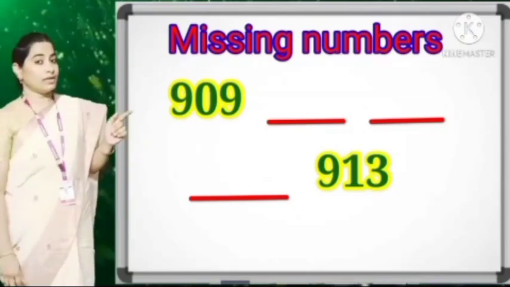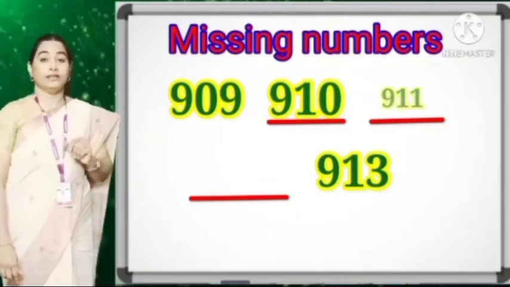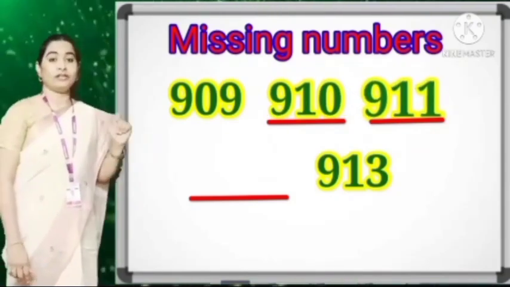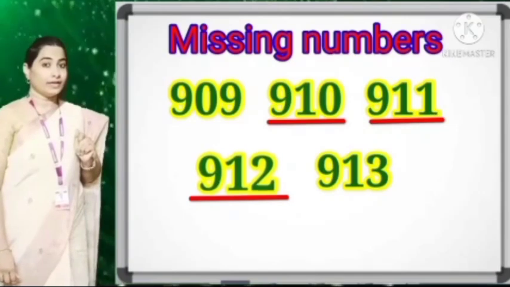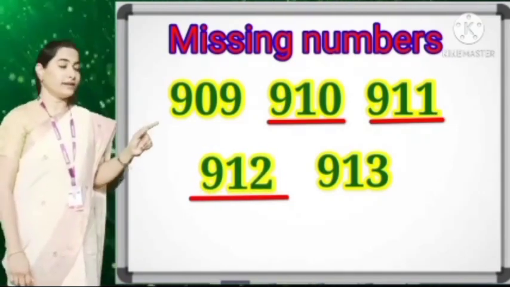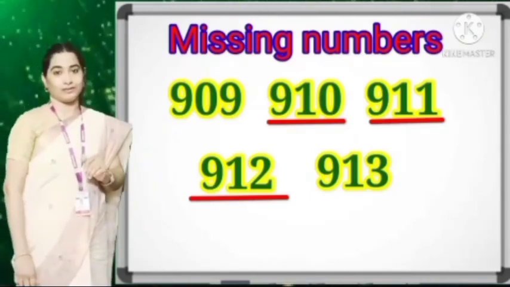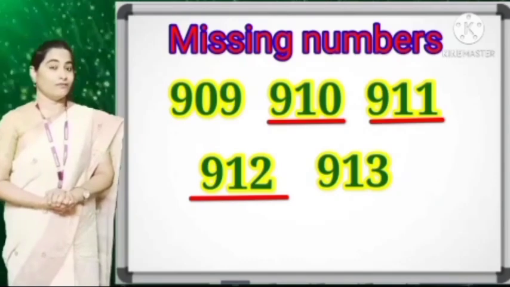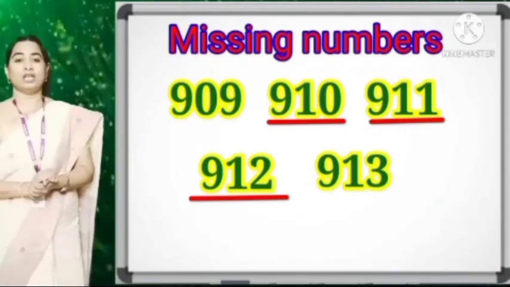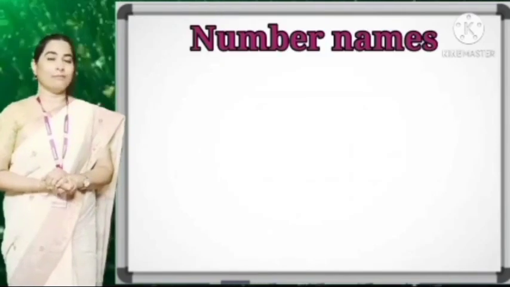So next number is 910, 911, 912 and 913, which is already given there. So children, we have completed the missing numbers, and next we'll move on to the number names.